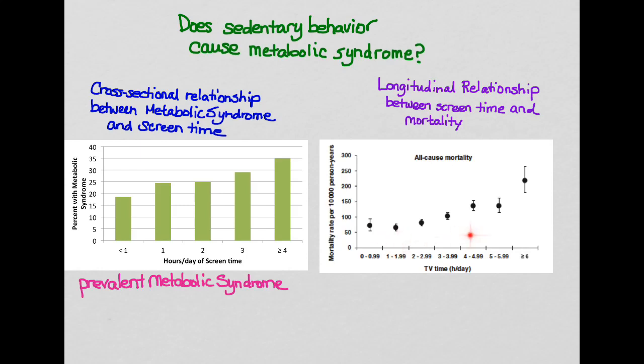So we can be sure that the TV time at least preceded the mortality. And then controlling for other variables, as they did in this study, it suggests that there is a relationship between those two variables.